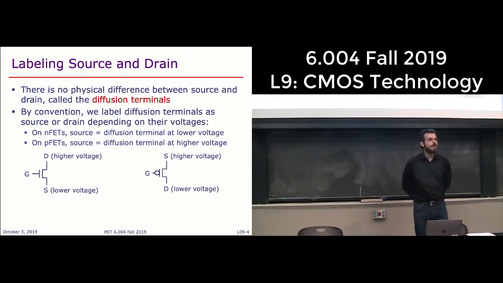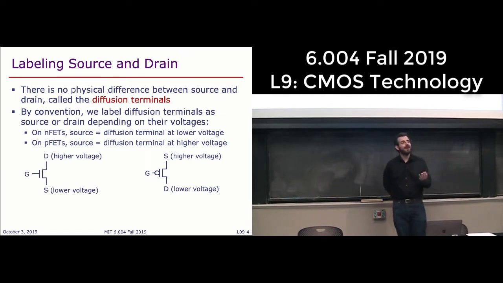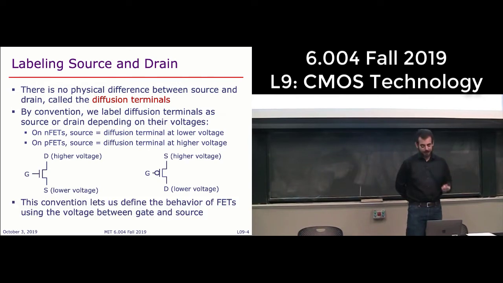Now, this might seem confusing, right? Why do you have this weird convention for labeling things according to voltages? Why do we care, right? If the terminals are physically the same? Well, the reason for this convention is that it makes it much, much simpler to define the behavior of what each of these transistors does.